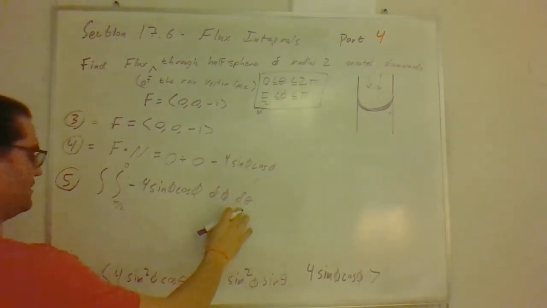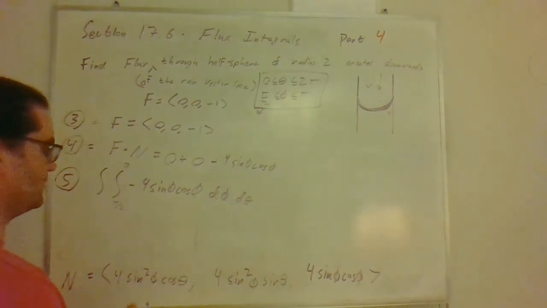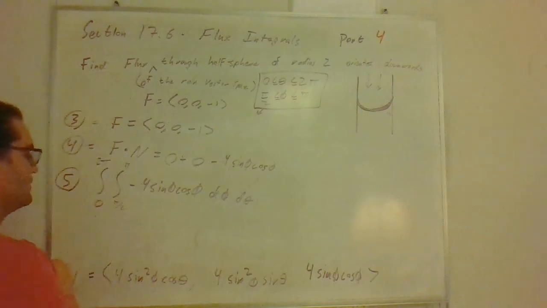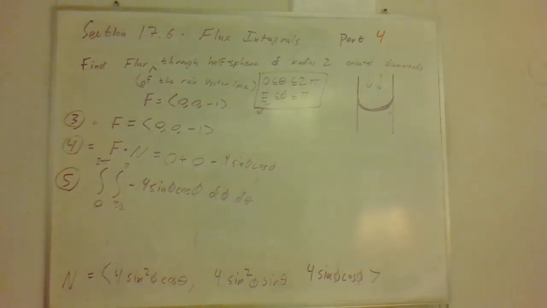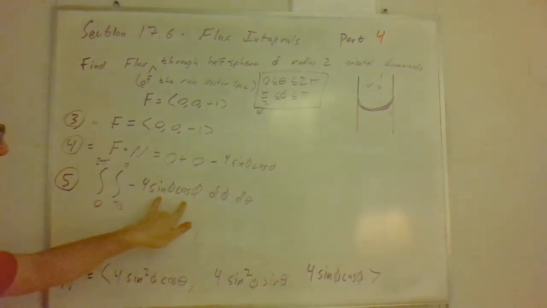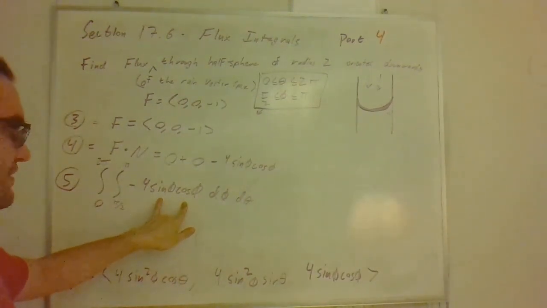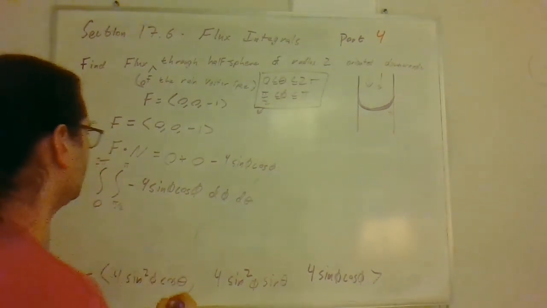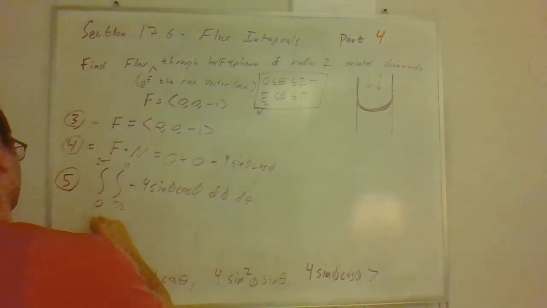And on theta, we are going from 0 to 2 pi. So hopefully we remember that the integral of sine phi cosine phi is 1/2 sine squared phi. So we can do that.